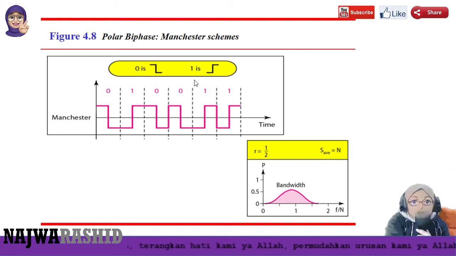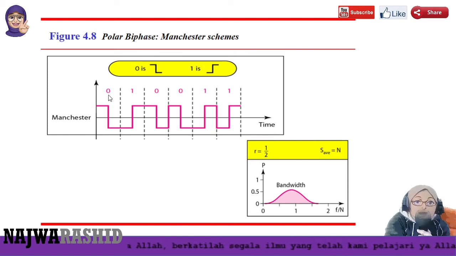So let's say you have a bit stream of 0 1 0 0 1 1. You need to draw this signal element. For 0, you draw one pattern for 0, and then this one is 1, you draw this one.